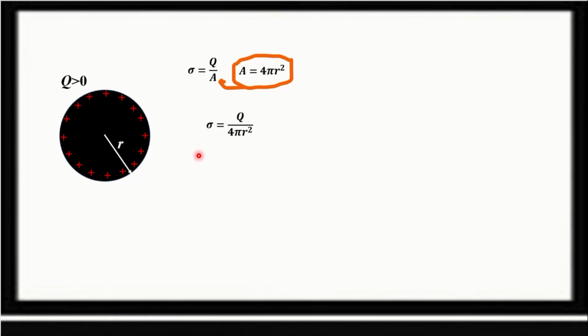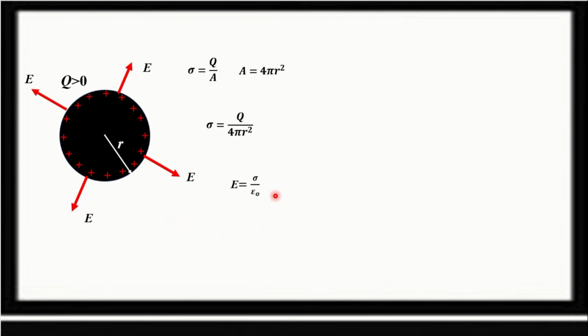We also know that the electric field due to surface charges is normal to the surface, so in different points it points differently. And the magnitude of this field is equal to sigma divided by epsilon naught.